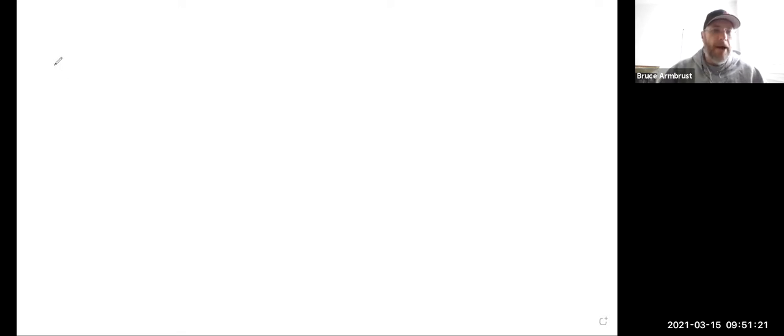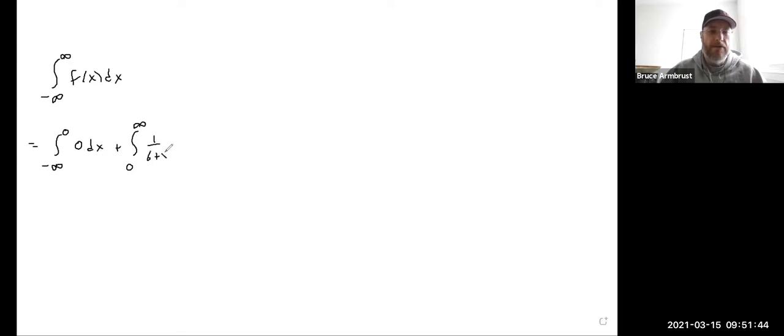All right, so what we're going to want to do, since we're doing minus infinity to infinity, I'm going to break this into 2 pieces since I've got 2 different rules. The first rule was when x was less than or equal to 0, and my function was 0. And then I'm going to add to that the integral from 0 to infinity of 1 over 6 plus x.